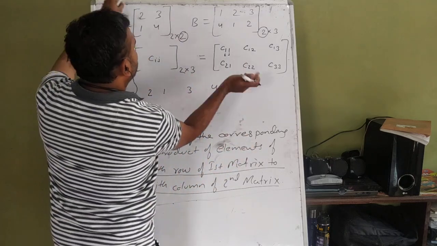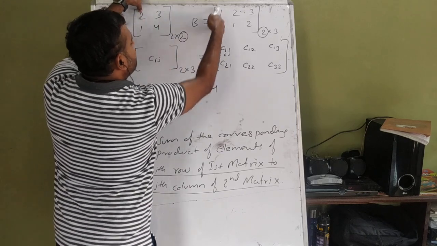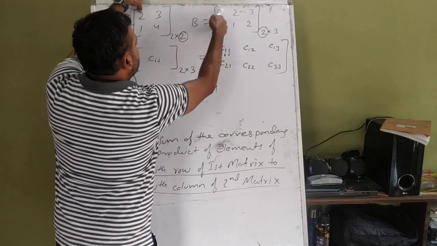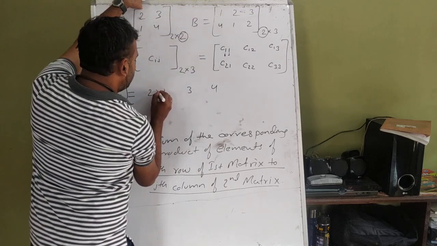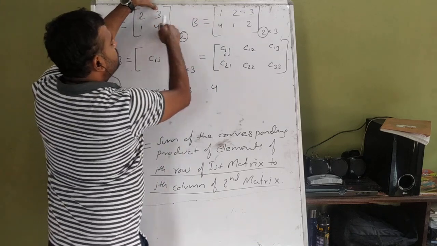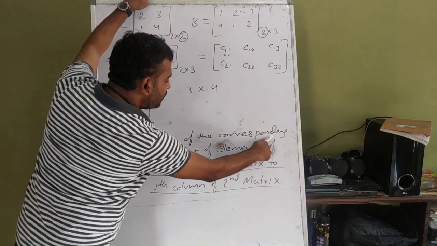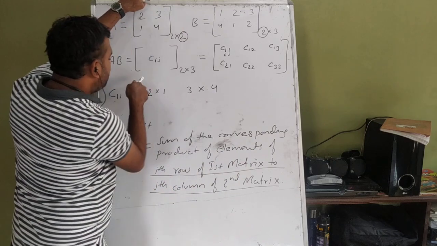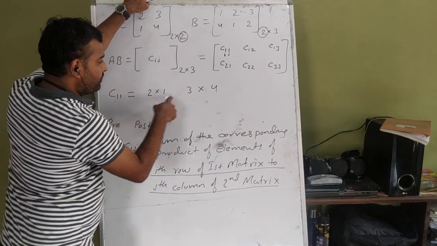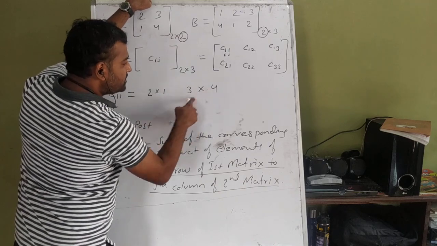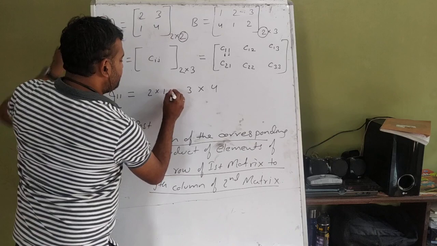If you take this element, then in the second matrix the corresponding element is this: 2 into 1, now 3 into 4. This is the corresponding product of the elements of the ith row and the jth column, and then their sum.